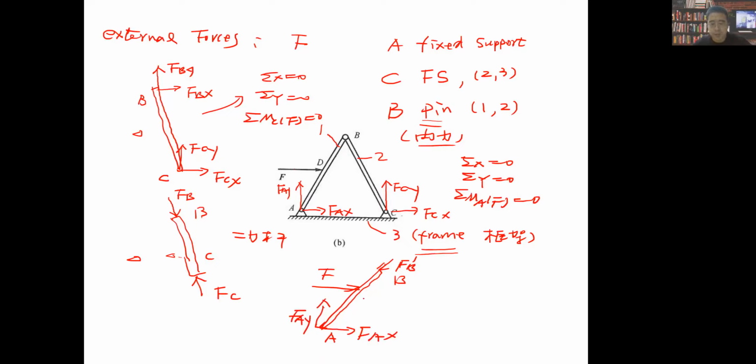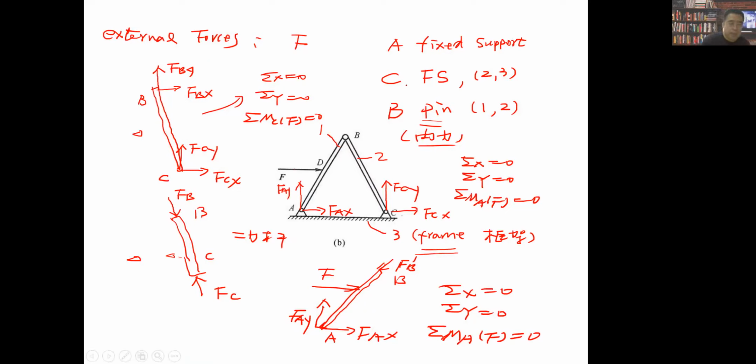So from this, we also have sigma x equal 0, sigma y equal 0, and sigma M about some point, maybe A, equal 0. Right? So if you can understand all this from some basic or simple body system, we can use this method to find the unknowns.